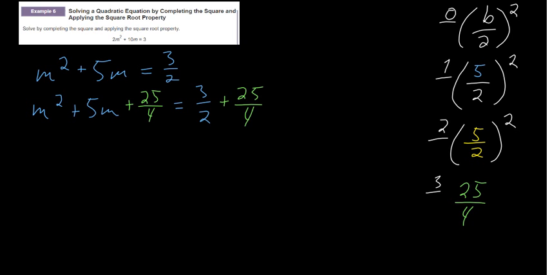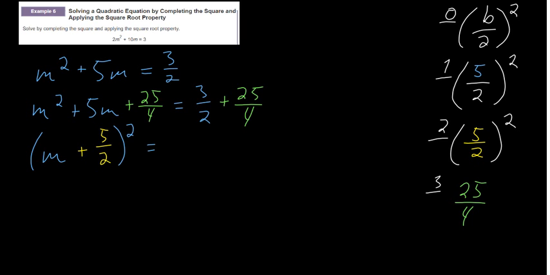Okay, now here's the thing. We could essentially, if you wanted to, skip this step, because we know that the left side is going to be factored into m plus 5 halves quantity squared.